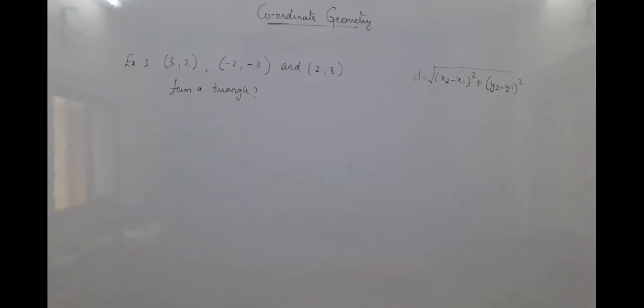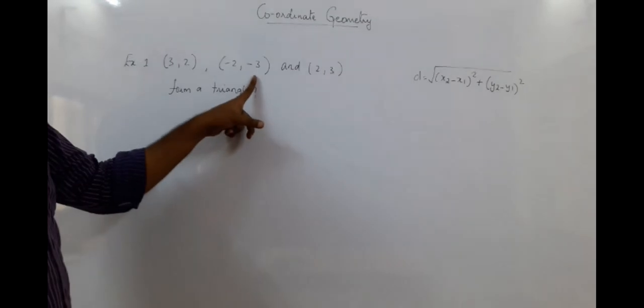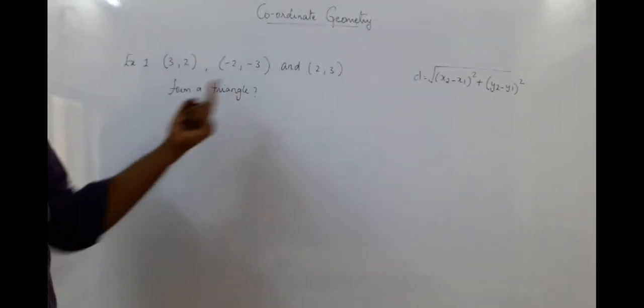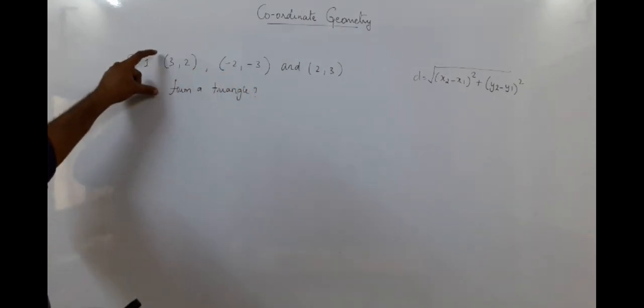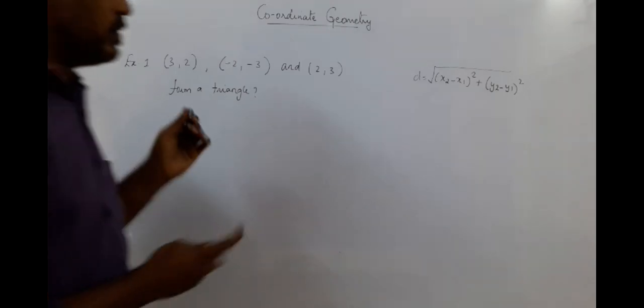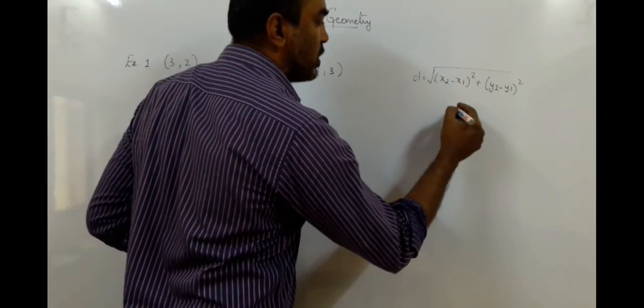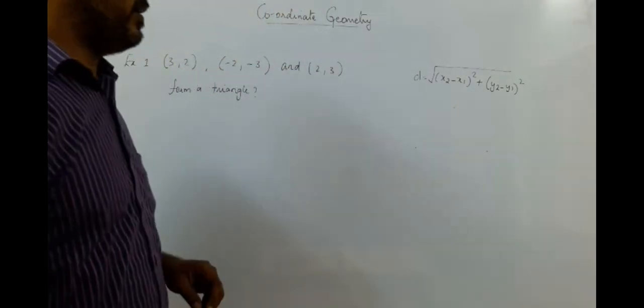So in example 1 we have the points 3, 2, minus 2, minus 3 and 2, 3. The question asks, do these 3 points form a triangle? So what are the two possibilities you can see here? Whenever we have 3 points, if the 3 points are non-collinear, meaning not on a straight line, they will form a triangle.